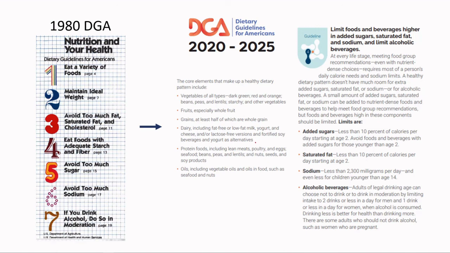There has been a movement away from serving sizes, and it is becoming more food-based recommendations. There is a continuing recommendation for grains, at least half of which are whole grains. Additionally, there is still a recommendation of less than 10% of calories as saturated fat, and less than 10% of calories should be coming from added sugars.